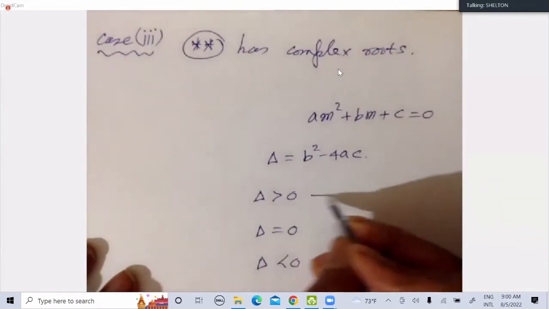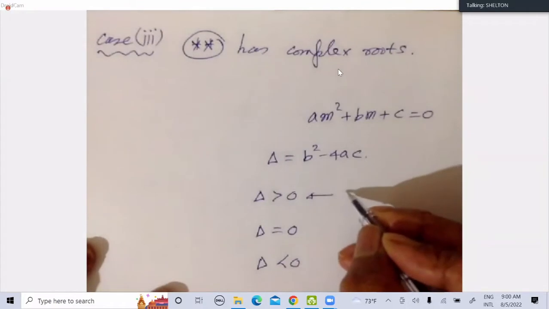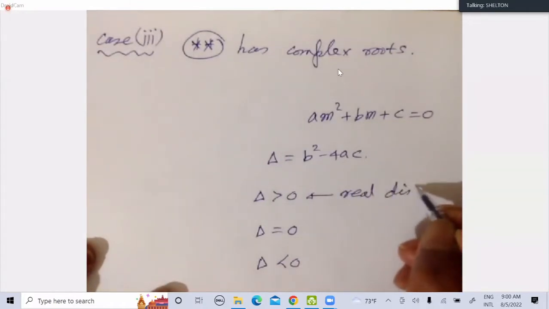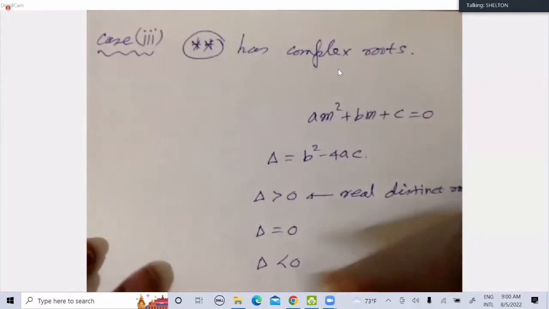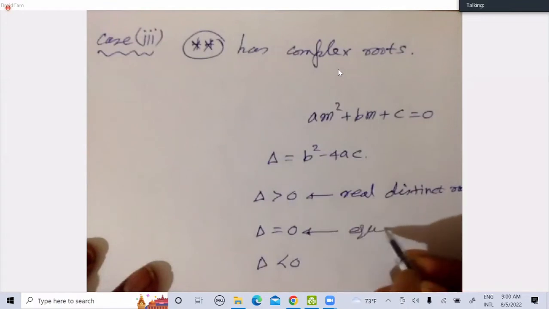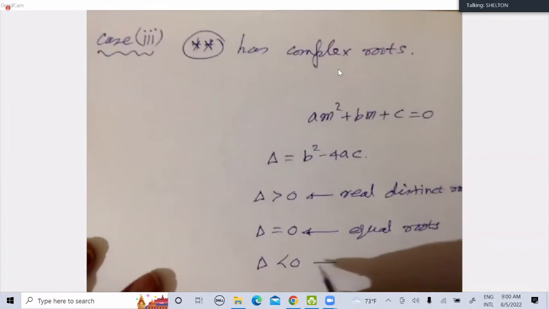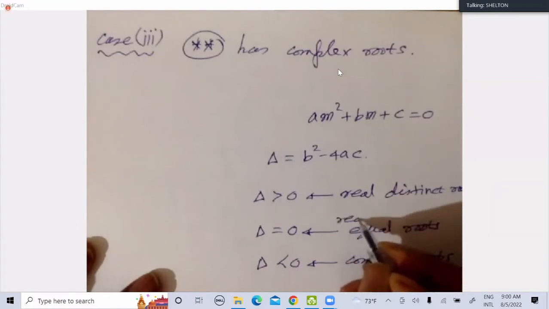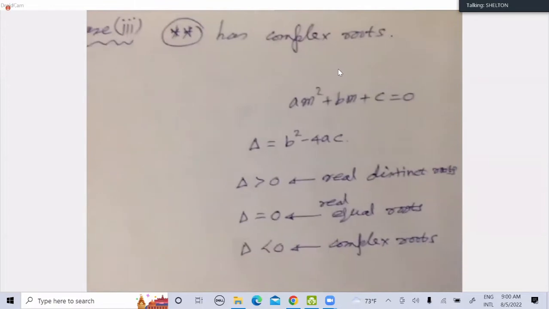In the first case, distinct real roots. In this case, real, equal roots. Third case, complex roots. Here a, b, and c are real numbers.